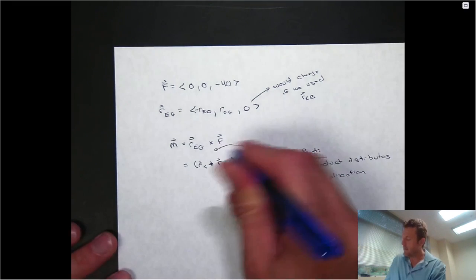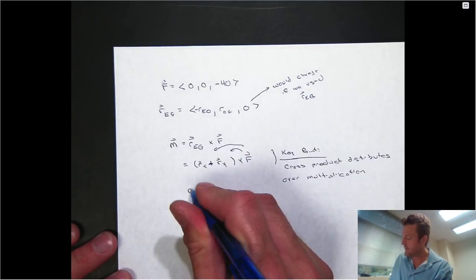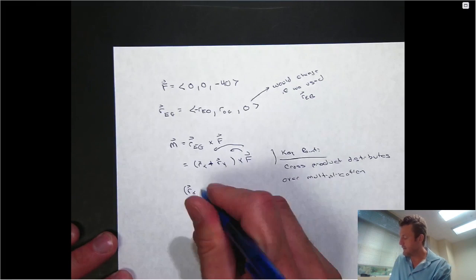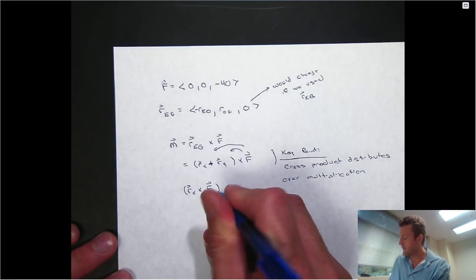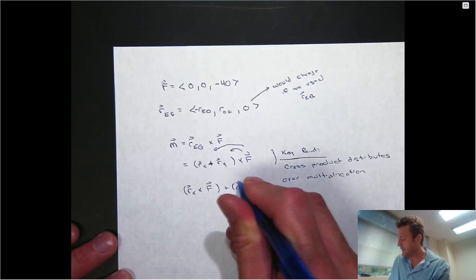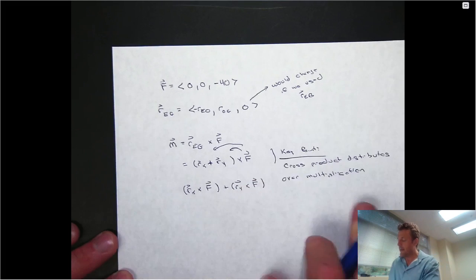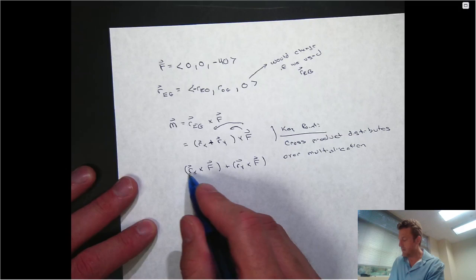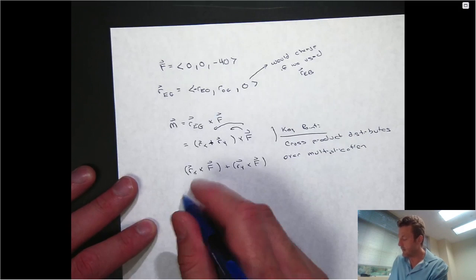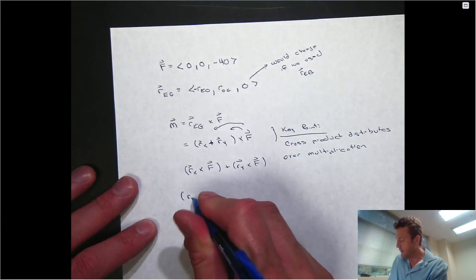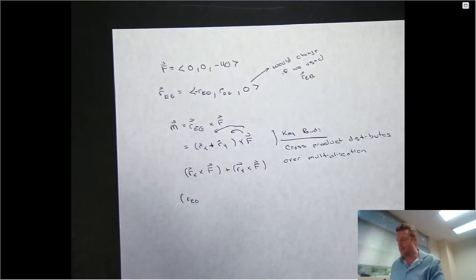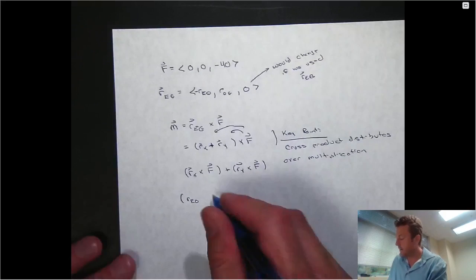So what that tells me is I can rewrite this cross product as two cross products: the x component of the vector crossed with the force, plus the y component of the vector crossed with the force. And I can express the x component of the vector using what I have above. I'll write it as REO, and that's just the physical length of that dimension on the box.